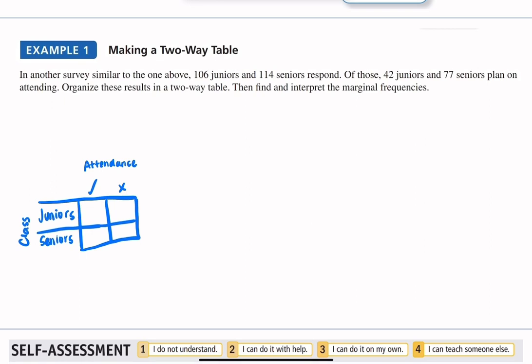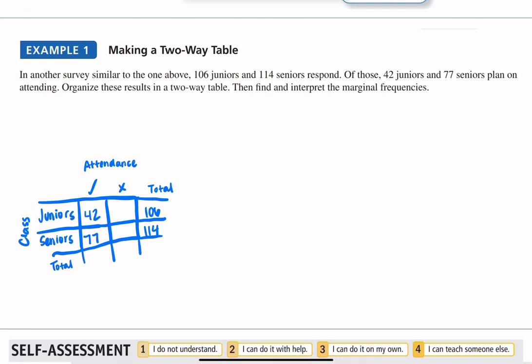So 106 juniors respond, which means that the total number of juniors is 106. 114 seniors, so a total of 114 seniors. Of those, 42 juniors and 77 seniors plan on attending.